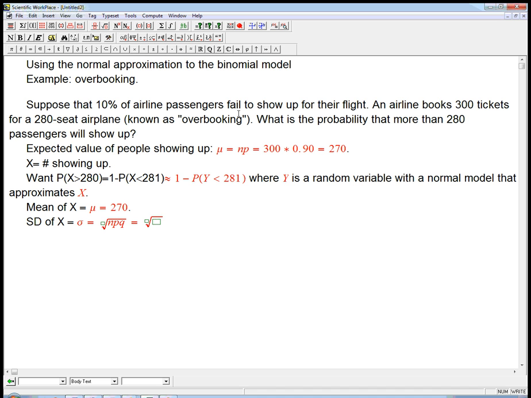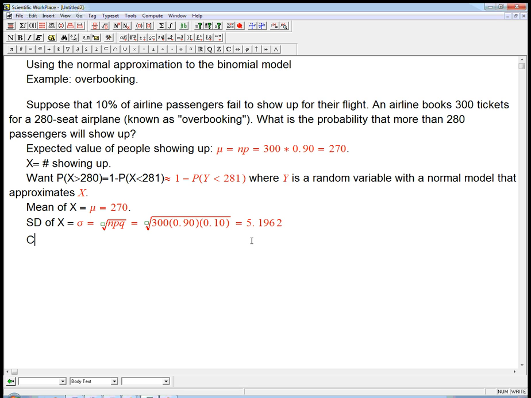That's the square root of 300 trials times 0.90 times 0.1, which is about 5.2. If the binomial model is approximated well by the normal when you've got large numbers, as I showed in another video, then it should be a normal with this mean and this standard deviation. And that's all you need to describe a normal.